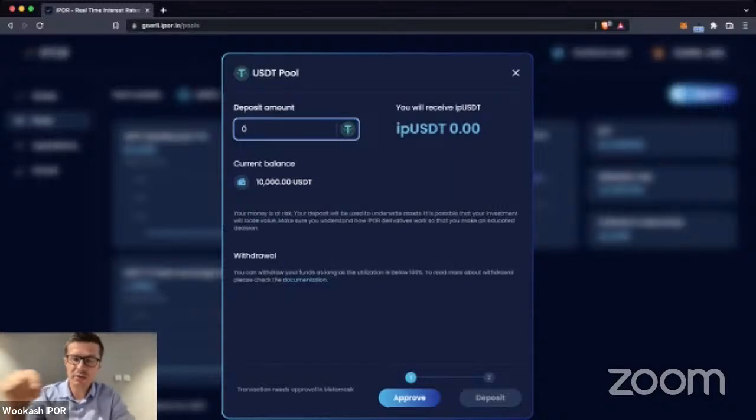So going back to the limit, your limit is 50,000, and that limit works in a way that it doesn't get restored. So, for example, if you provided 10,000 stable, you will still have 40,000 stable left. If you withdraw the initial 10,000, you will still have a 40,000 limit left.